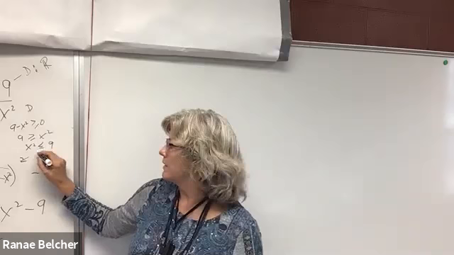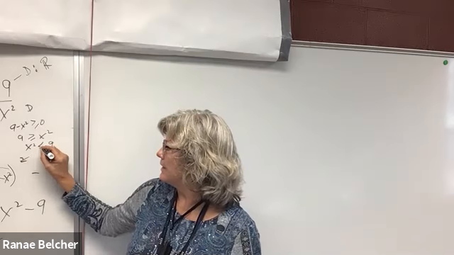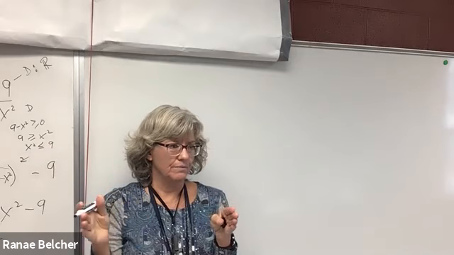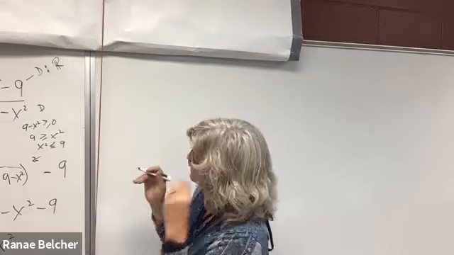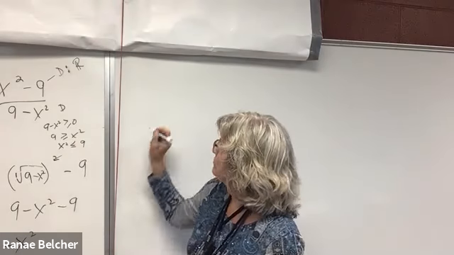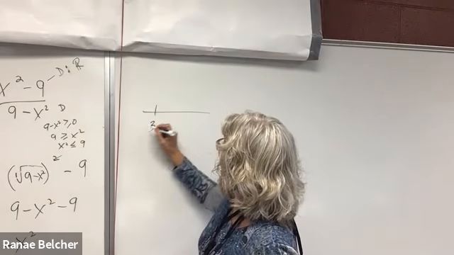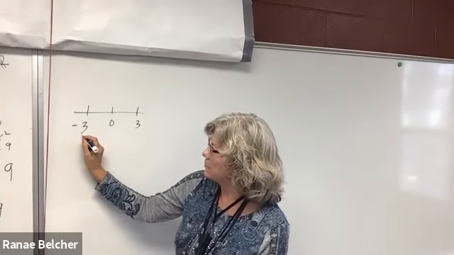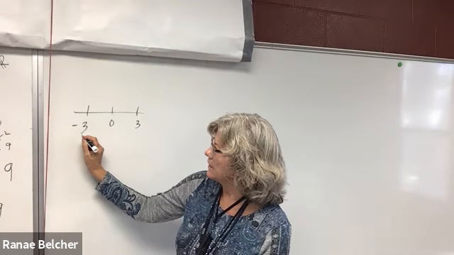Think of it this way. Something squared has to be less than the distance away from 9. No, let's see. I didn't state that right. Here's -3, here's 3. If I square this, I'll get 9.